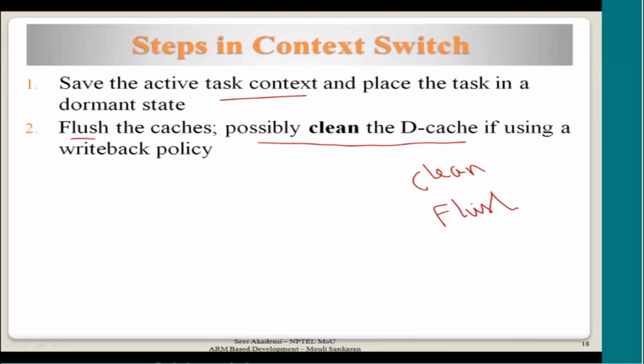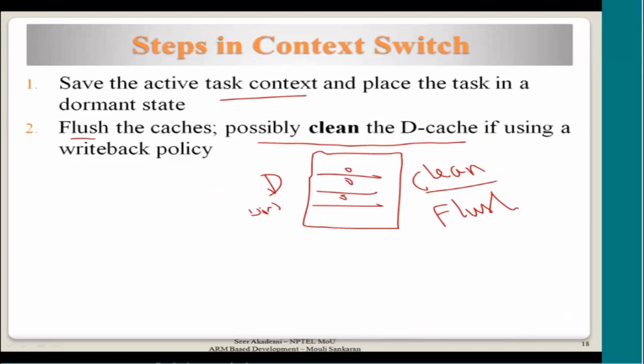Clean means the cache entries are made invalid. If the data cache has dirty bits, that means these entries are modified, so we need to write these cache entries into main memory. So clean means we have to make these entries invalid, but before that, we have to make sure that they are written into the main memory.